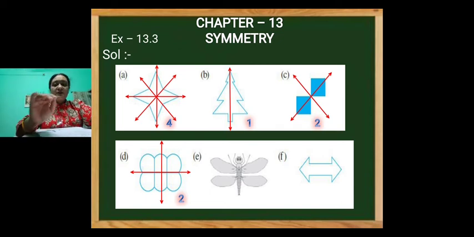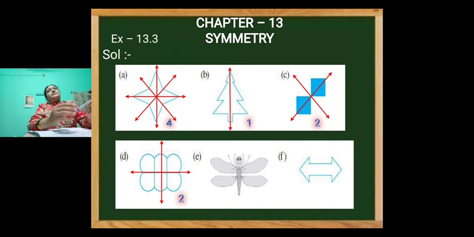Now I'm taking you to the E part, which is an insect. If you remember, in my last tutorial, last exercise, we dealt with a human figure. The only possible way to divide this kind of insect or human figure is by drawing a vertical line of symmetry.